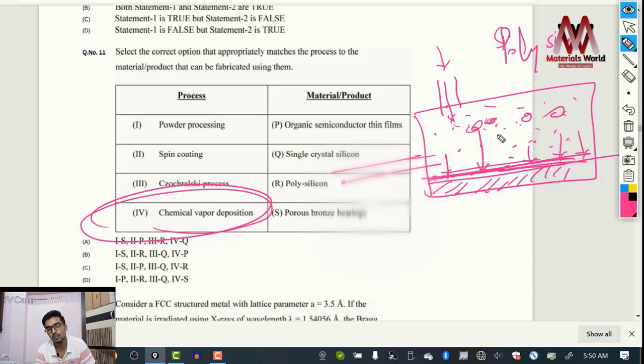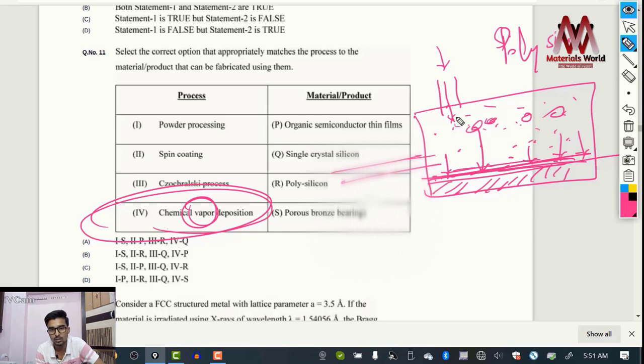The precursor is carried by carriers, and at the surface it reacts with the surface through some process. I'm not going into the deep detail of the reaction, so that is why its name is chemical vapor deposition.